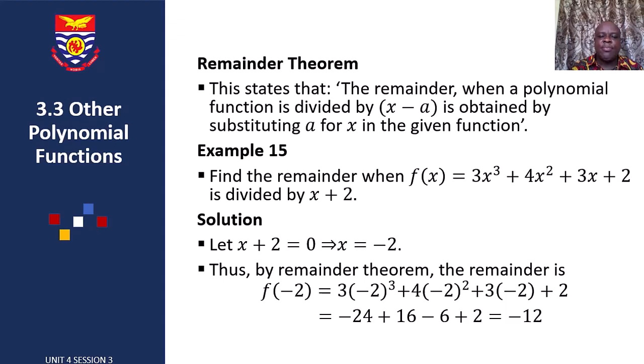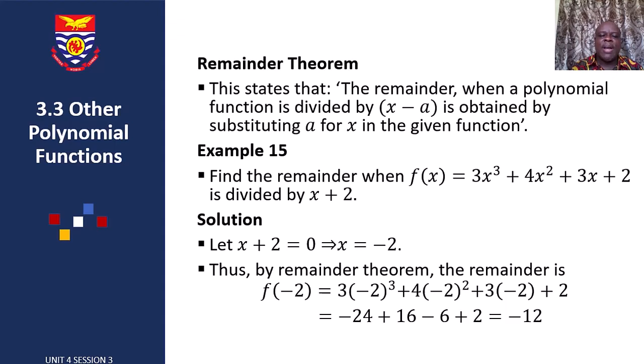Solution. We first of all will let x plus 2 to be equal to 0. Then we make x the subject and we get negative 2. We substitute negative 2 into the function.